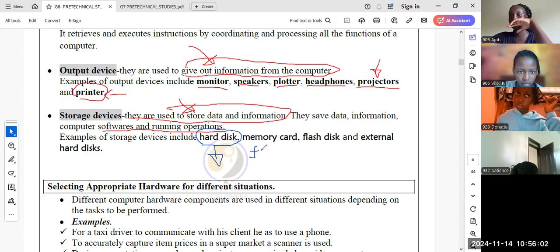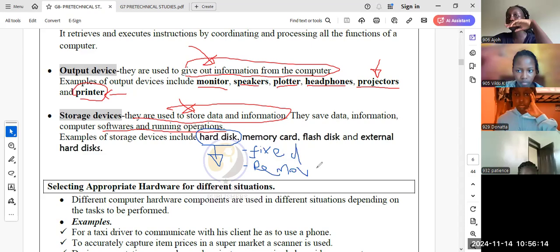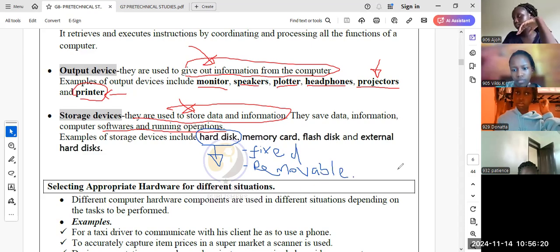So as we had said, computer storage devices are divided into two: the fixed storage devices and the removable storage devices. With fixed storage, the example is the computer hard disk, which is the only common fixed storage device.